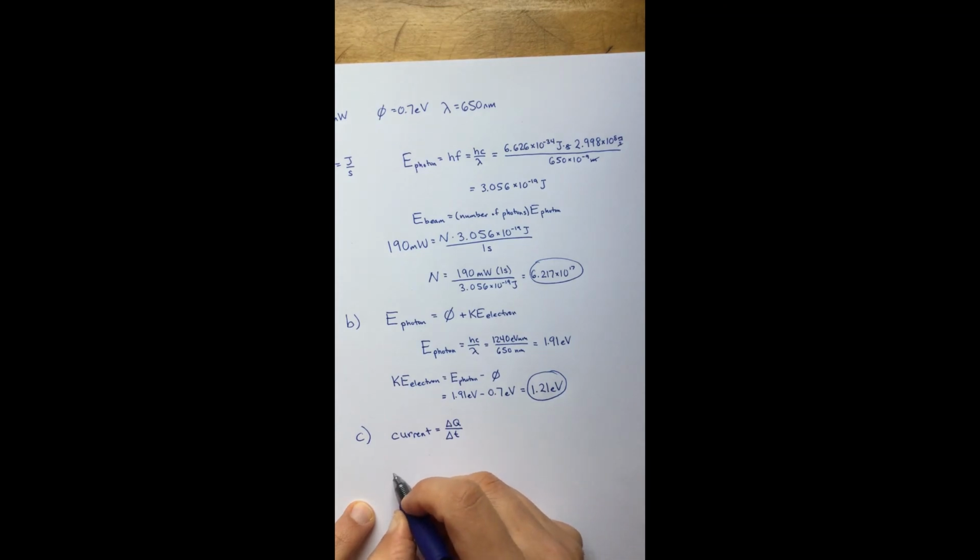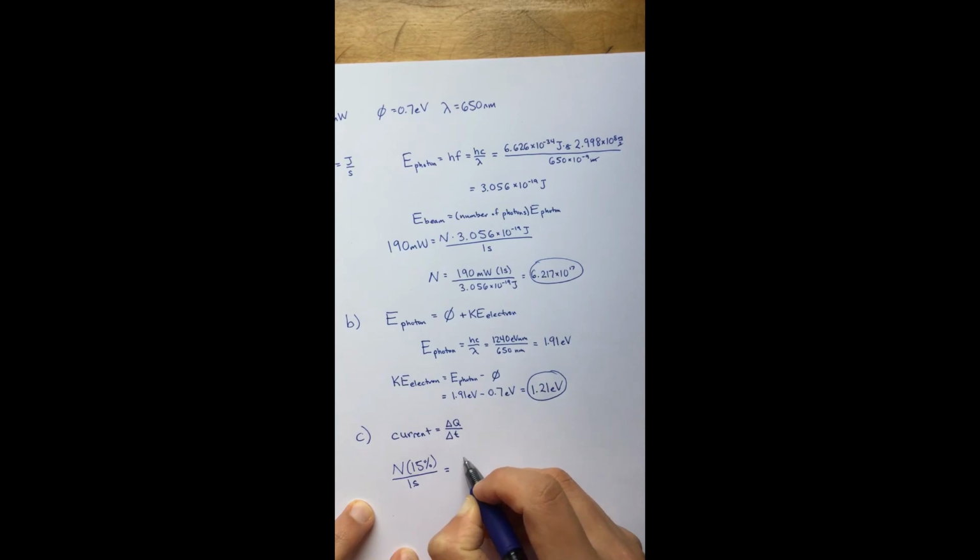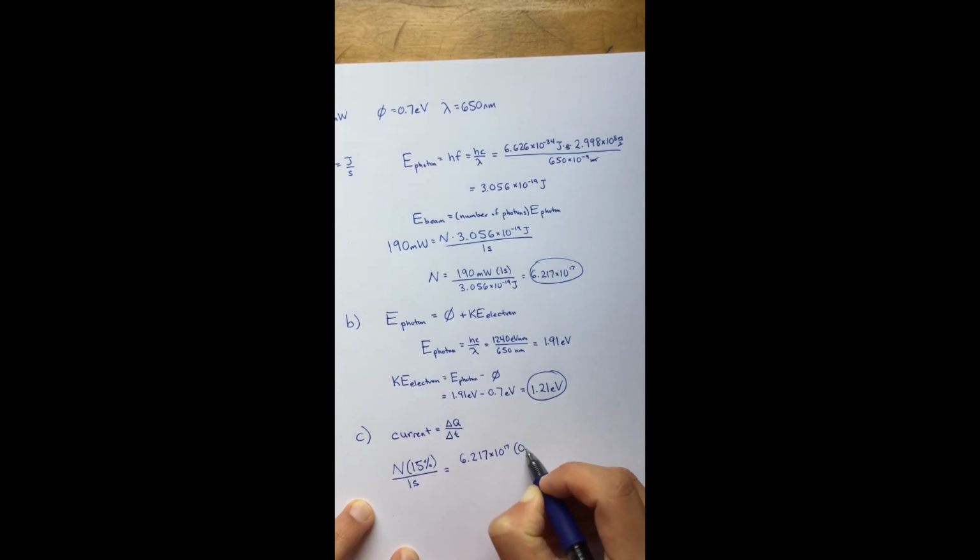So I have the number of photons times the 15% per 1 second. The number of photons that I have is 6.217 times 10 to the 17th times 15% divided by 1 second.